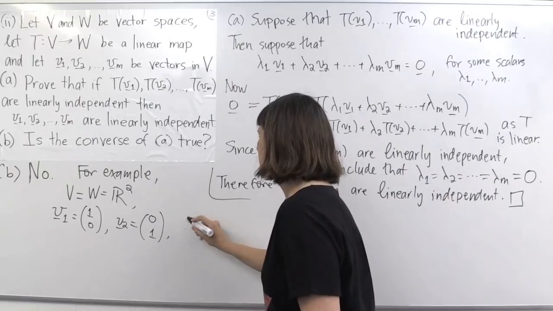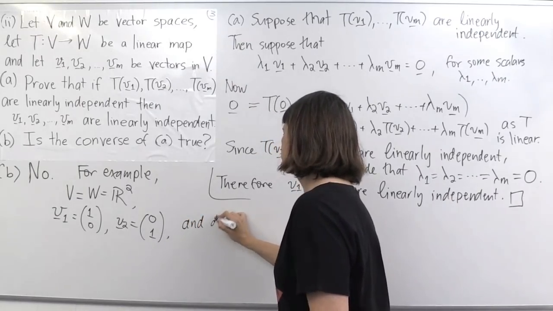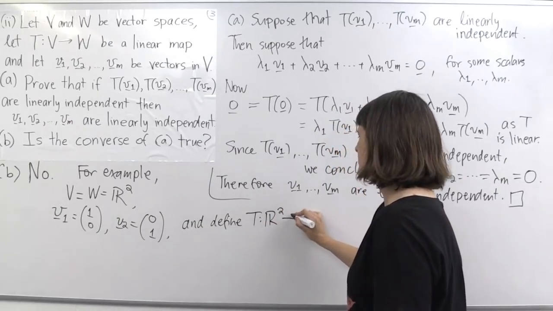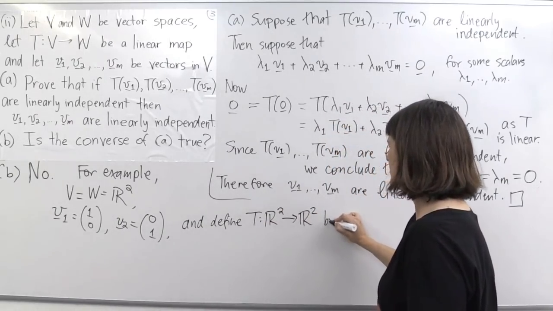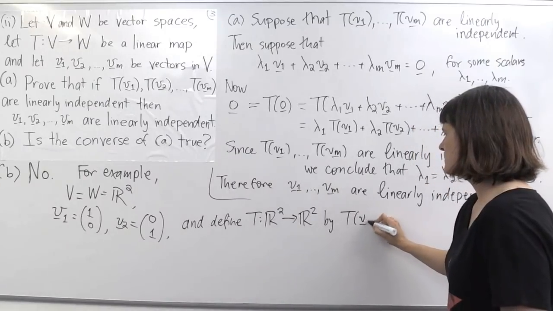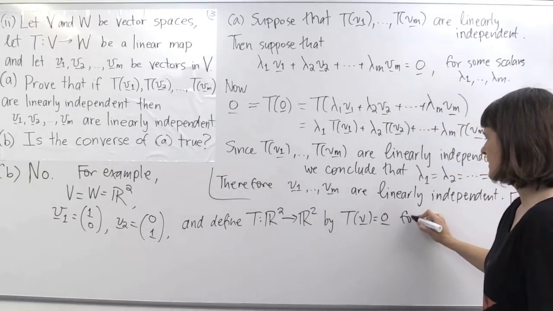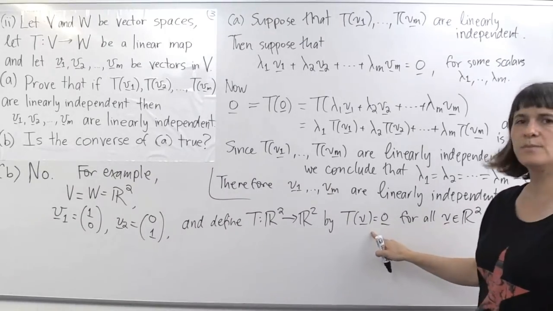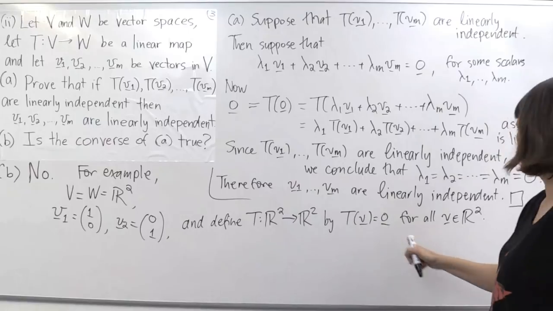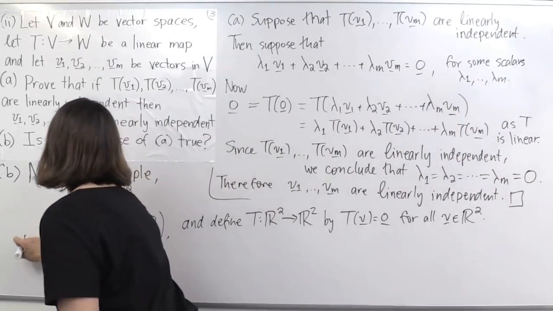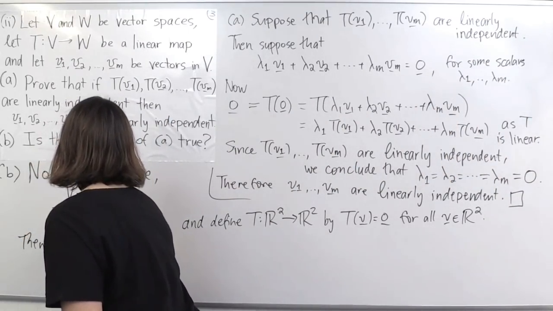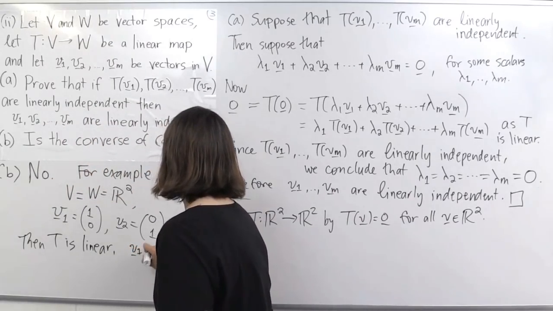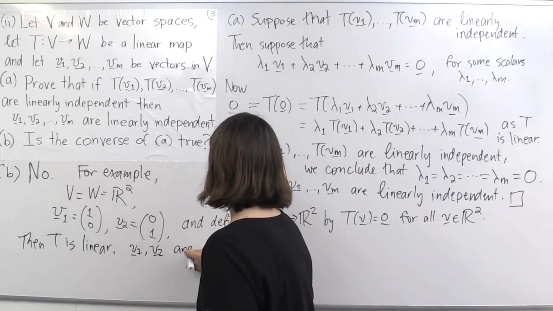So define T from R2 into R2 by T of V is equal to 0 for all V. So it's multiplication by the 0 matrix, which is how you know that it's linear. So let's just say then T is linear. We know that V1 and V2 are linearly independent.